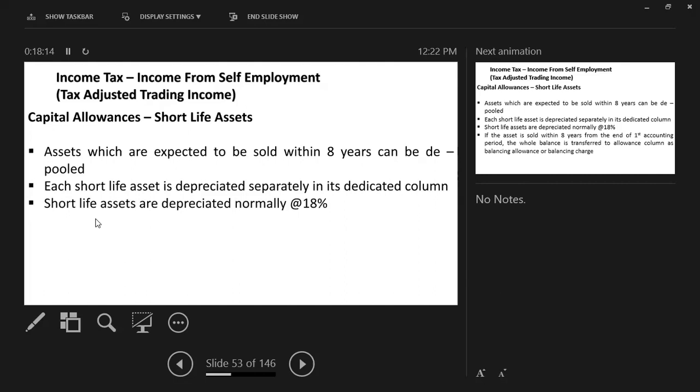Next, short life assets are depreciated normally at 18% because mostly they relate to the main pool. If it were a long life asset, it would be special rate. So normally these short life assets are part of the main pool.